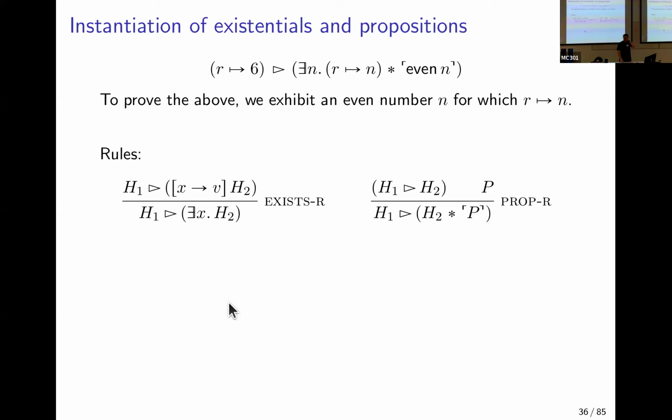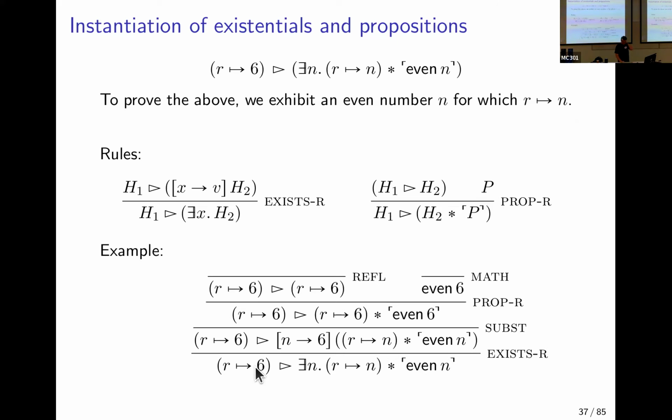So there are some rules to reason about entailment. You have some rule to introduce the existential on the right. You have some rule to introduce pure facts on the right as well. As long as you know P, you can have P on the right. So that's an example. You have R points to 6 implies there exists N, such that R points to N and N is even. So how do you prove this?